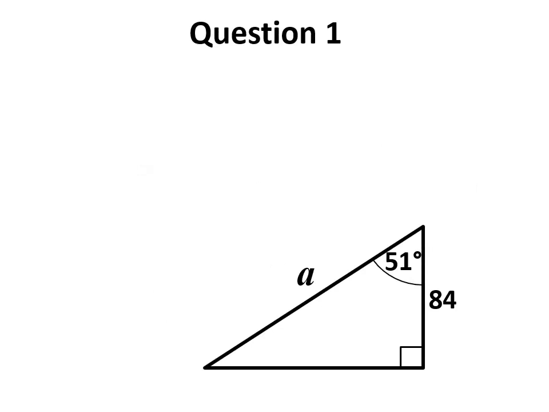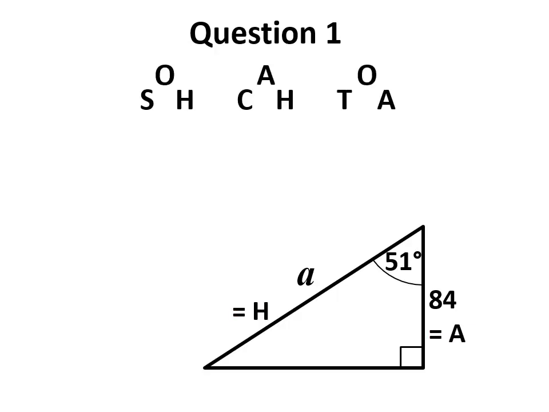We label, and we see that relative to the angle 51 we have the hypotenuse and the adjacent. Angles involved, it's a trig question. SOHCAHTOA, and A and H are related by cos.